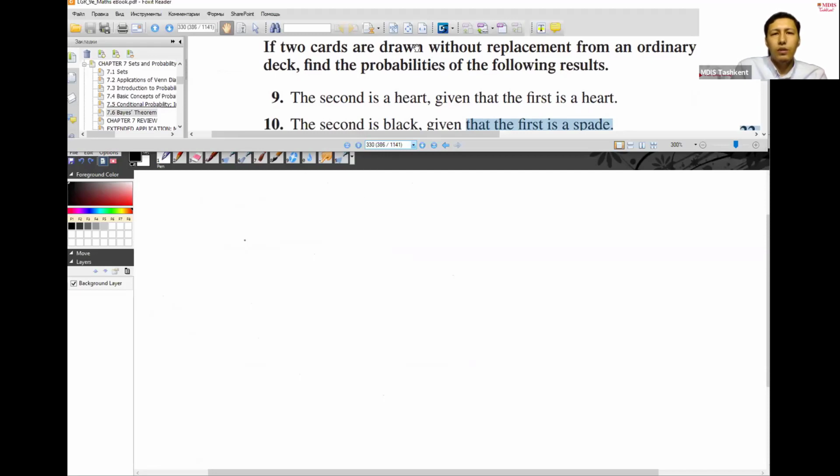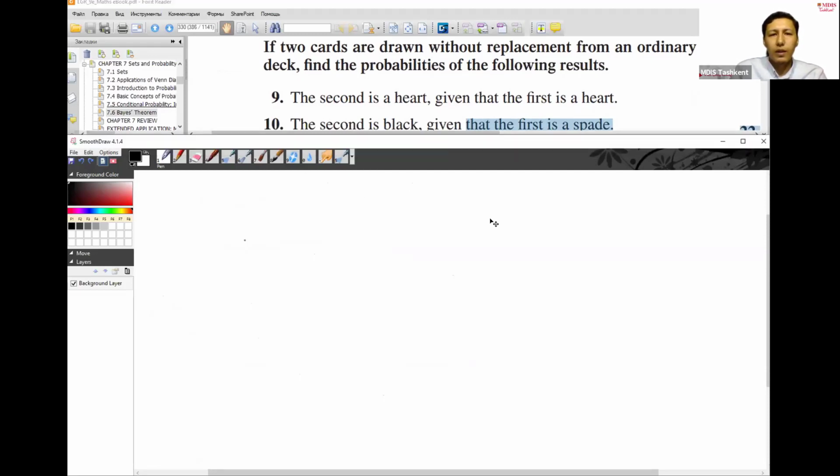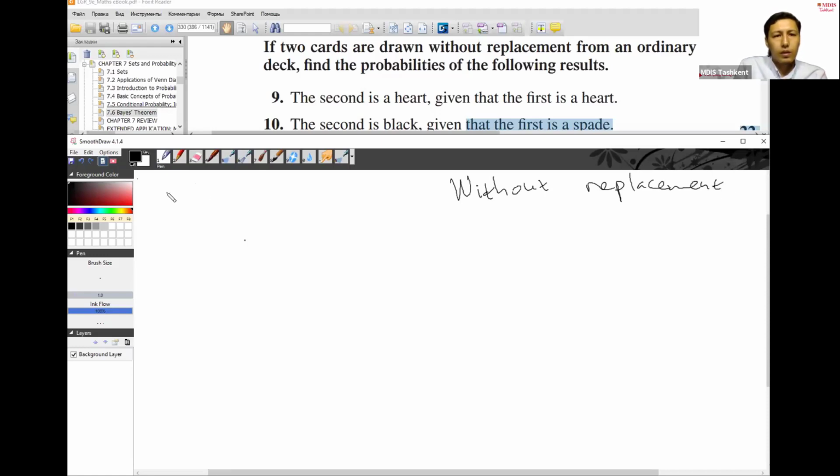So you see there is the phrase without replacement. So there are two different kinds here. We have with replacement and without replacement. Let's write here with replacement.